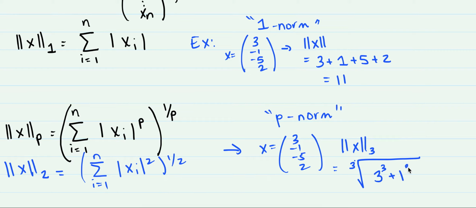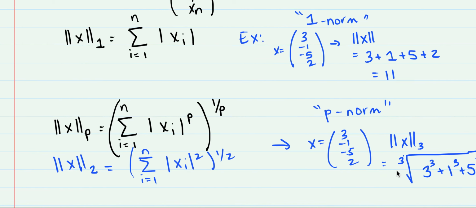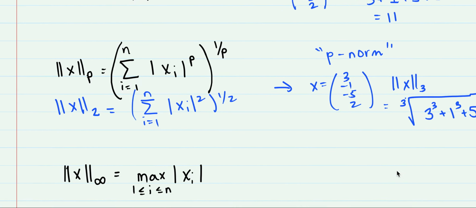I'm taking the absolute value of each number and cubing it. I would sum them up and then raise it to the power 1/3. Okay, and that is also a norm. And so you could check the 3 properties to make sure that the vector space Rn with this norm is a normed linear space.